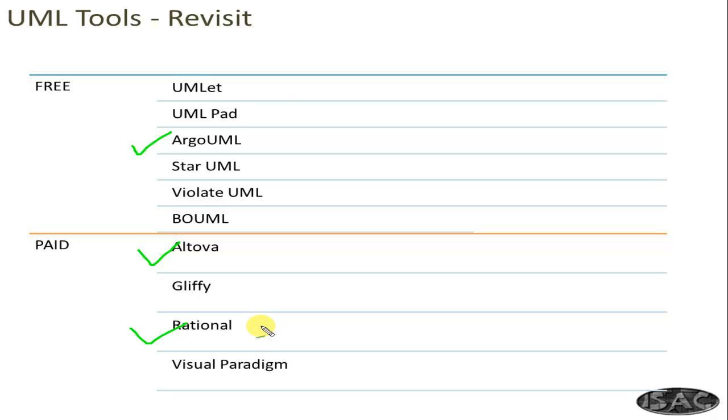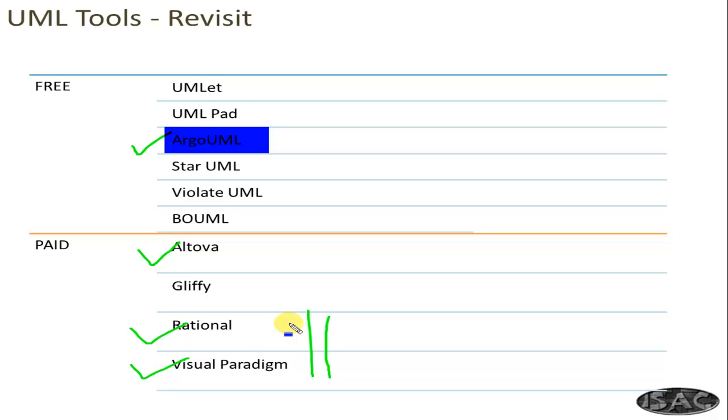These are very good, but a little bit paid software. They are good, but you have to pay to use this software. And these are the free ones. So this is also good, not bad. Argo UML is a pretty nice one, very good, well established, and it does a lot of work.